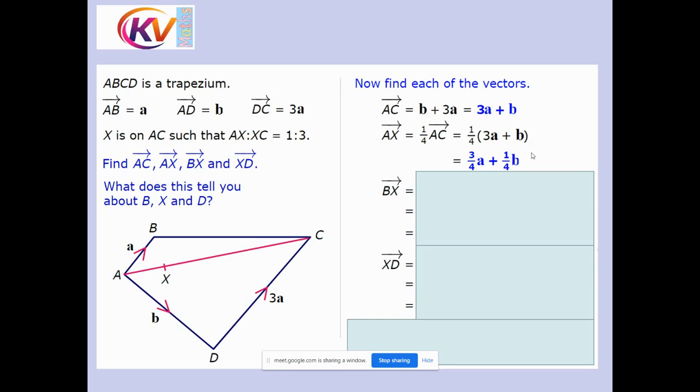The next one I need to work out then is B to X. I'm going to give you a chance to give that one a go.